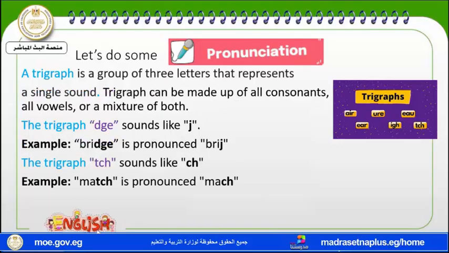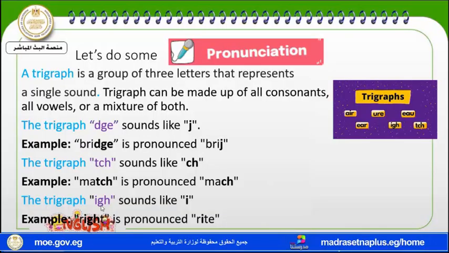Another example is the word match. How many sounds? T, C, H. We pronounce it like CH. So we have the word match; TCH is pronounced CH. Another example is IGH.